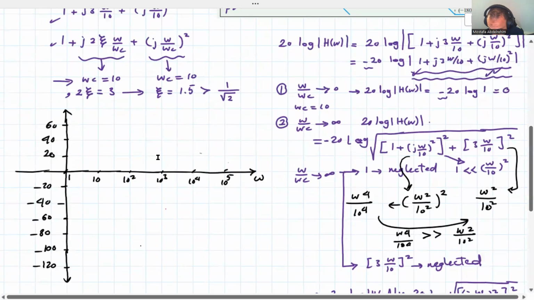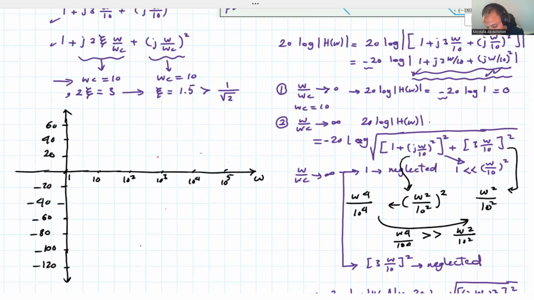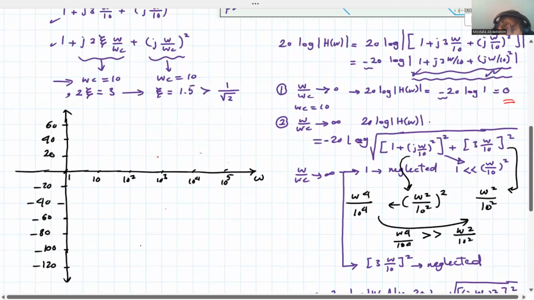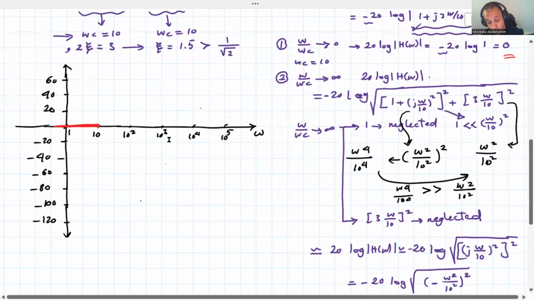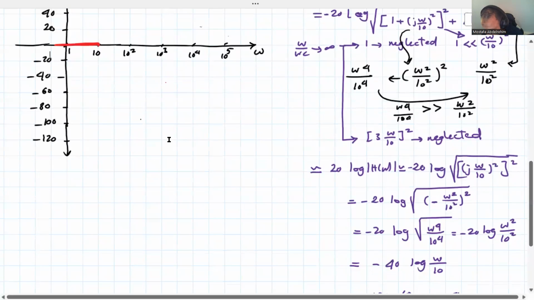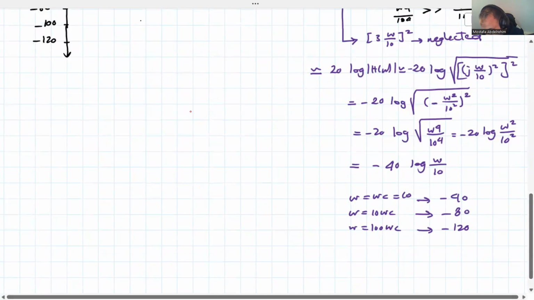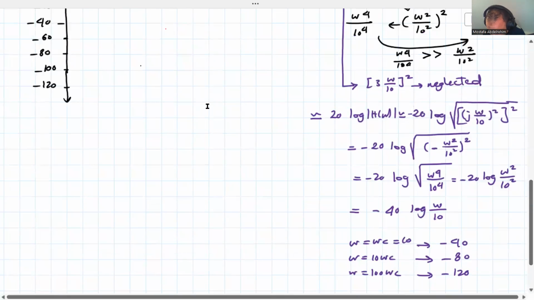When omega is much less than omega c, which is 10, we have 0. So this is omega c here, everything is 0. Then when omega is much greater, omega over omega c tends to infinity. I made a mistake here.